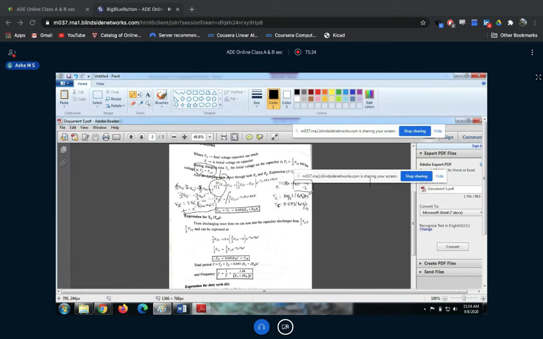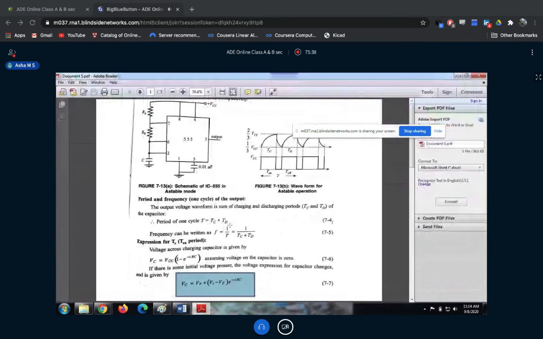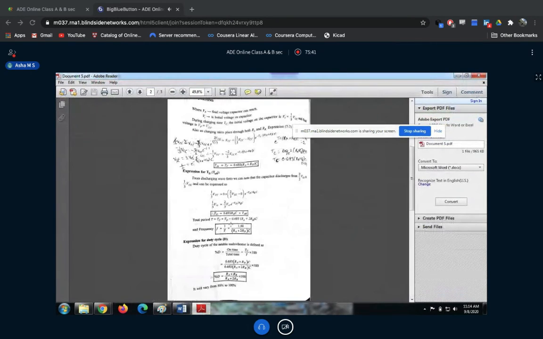Which evaluates to 0.693 into (RA plus RB) into C. Got it? Now moving to the T off expression, from VCC the final point is 0, correct? So you can write the capacitor voltage as 1/3 VCC, the final voltage is 0, and the initial voltage is 2/3 VCC minus 0, into e to the power of minus T off over RB C. Again the same evaluation: the 0 goes.